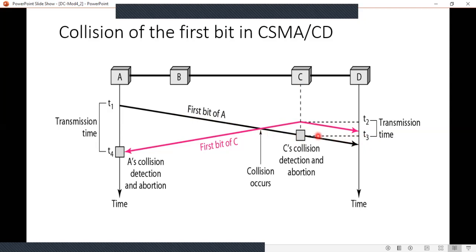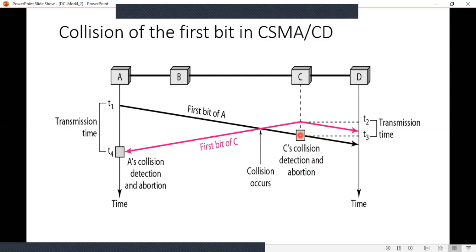At t3, C's collision detection and abortion, station C will detect the collision and abort the frame, whatever it has sent. It will cancel it and send a signal to the nearby stations, say D, B and all, saying that there is a collision.